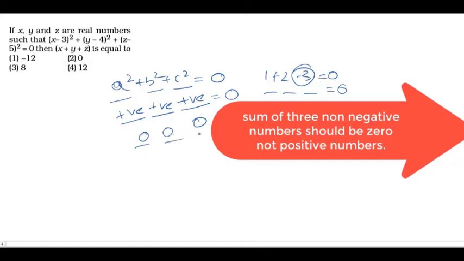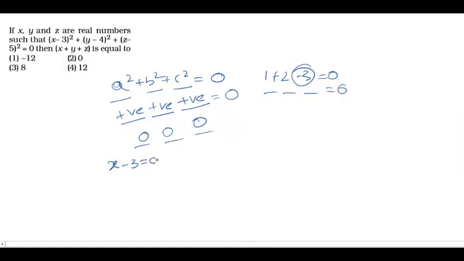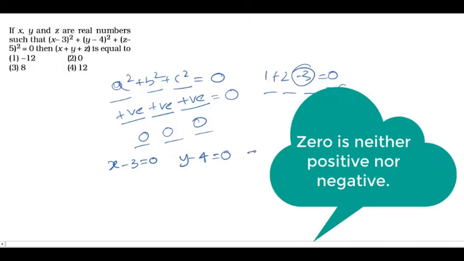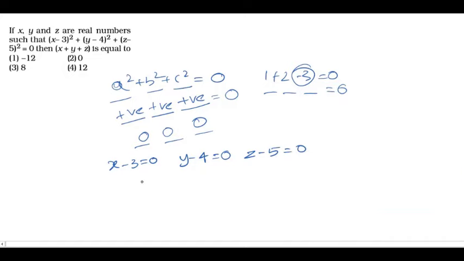That is the only scenario in this case. So x minus 3 is 0. Y minus 4 is 0. Z minus 5 is 0. So we get x plus y plus z. So 3 plus 4 plus 5. That becomes 12.